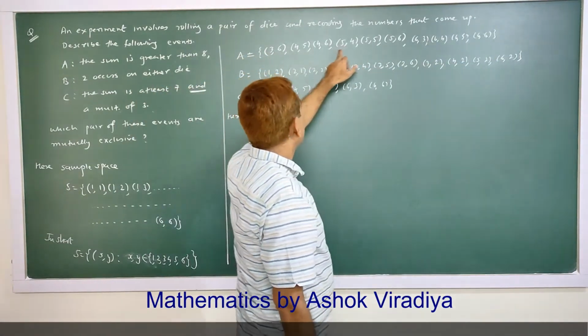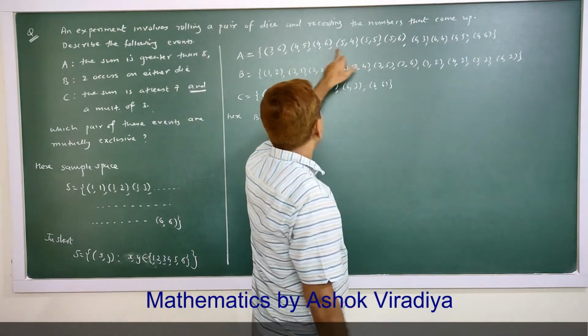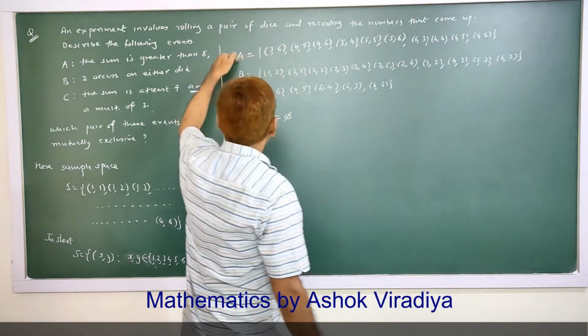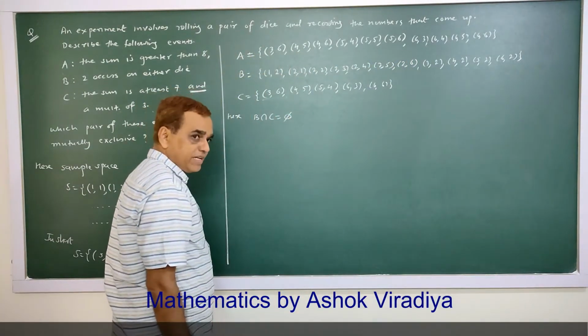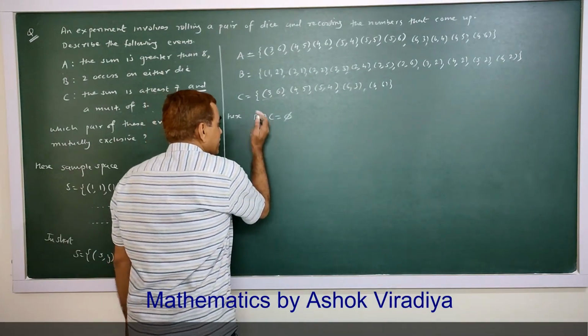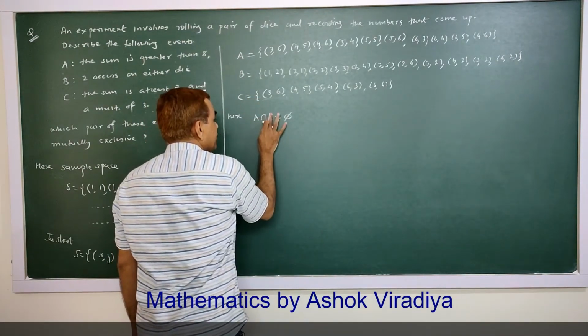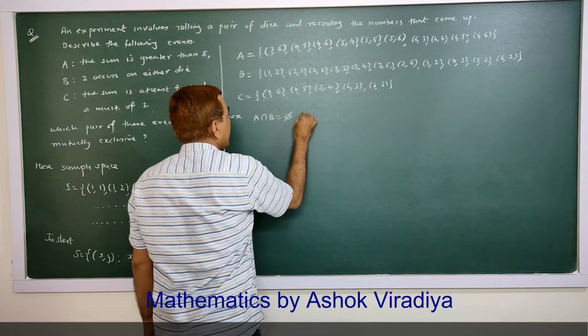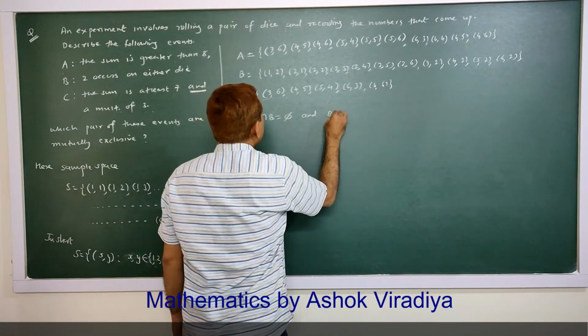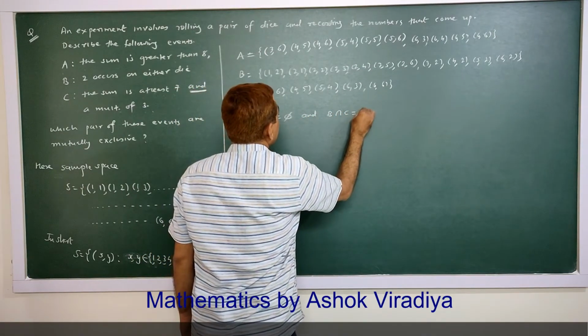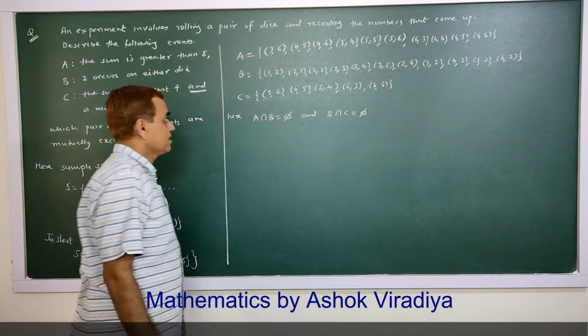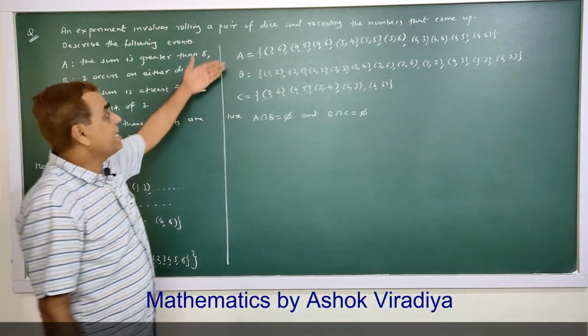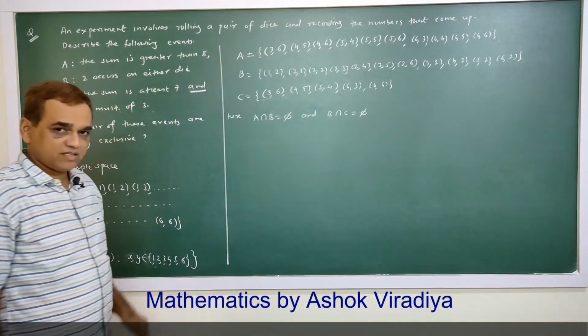There is no 2 anywhere. So therefore A intersection B is also empty. So not only B intersection C, A intersection B I am putting first, and B intersection C is also empty. Not A intersection C empty.